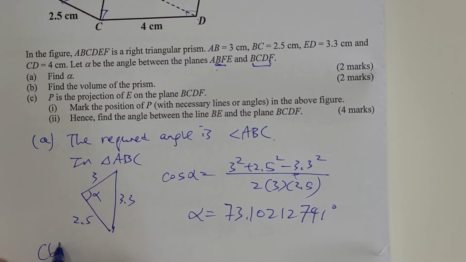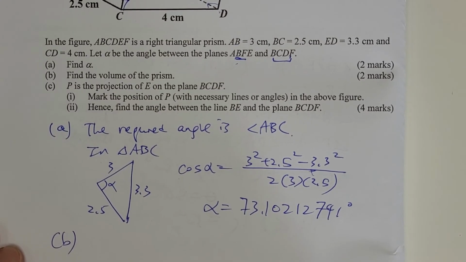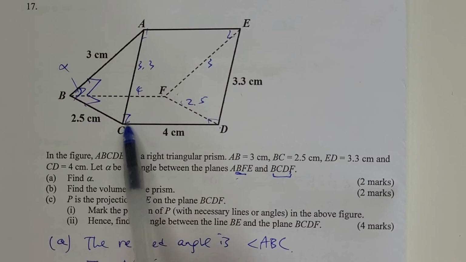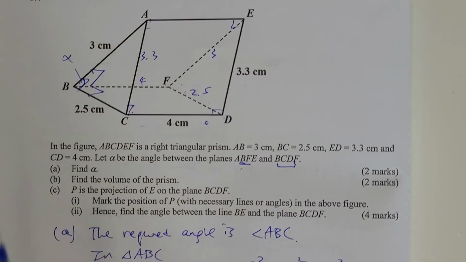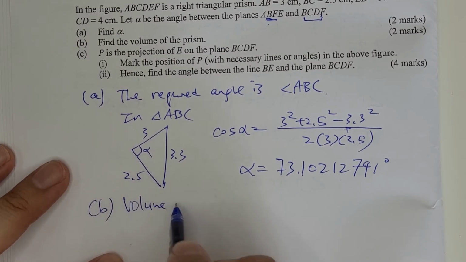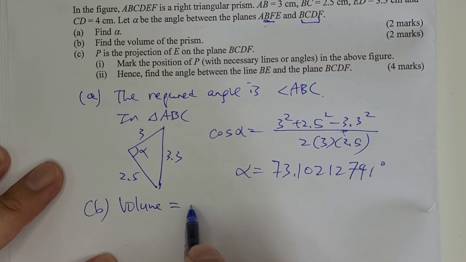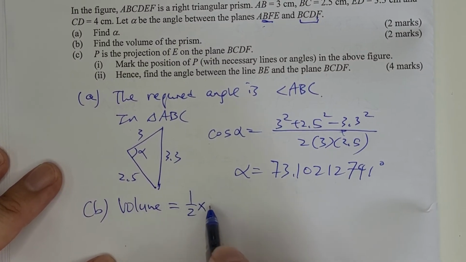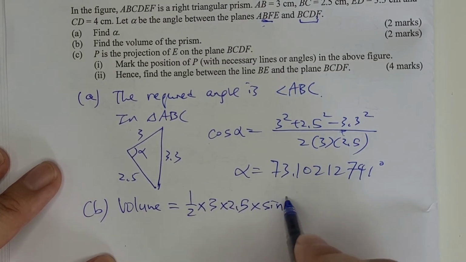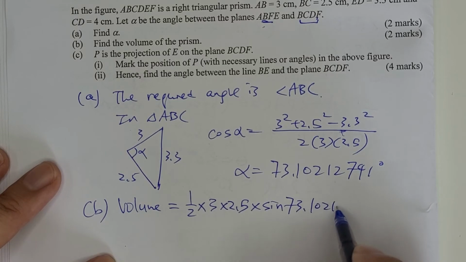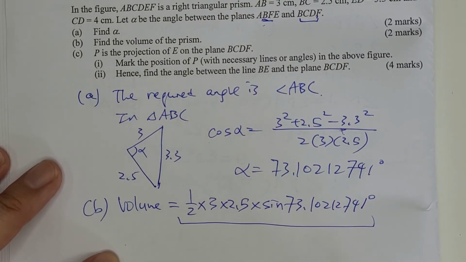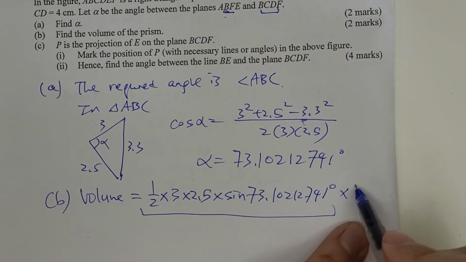And B, you need to find the volume of the prism. Also quite straightforward. You can find the area of triangle ABC, the base, times height, 4. So volume is 1/2 times 3 times 2.5 times sine 73.1021271 degrees. That is the base area times height.